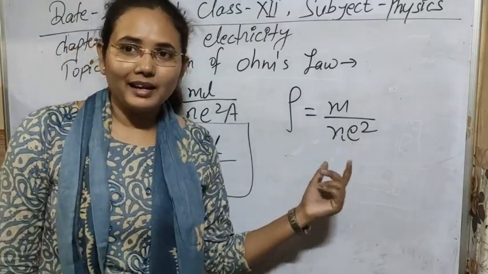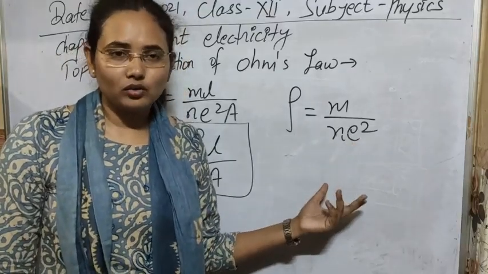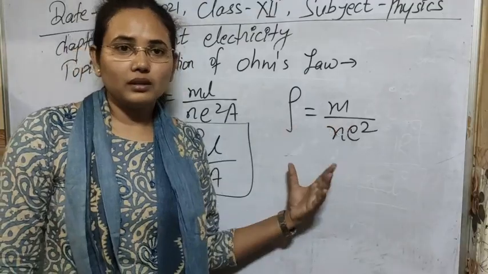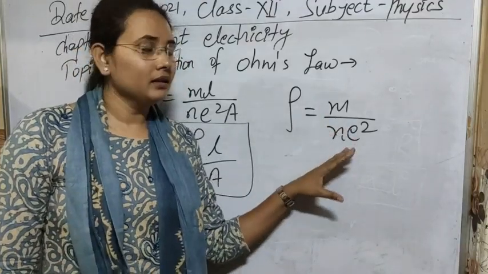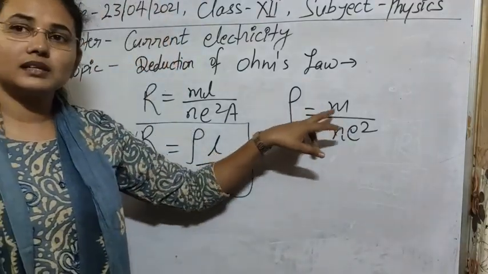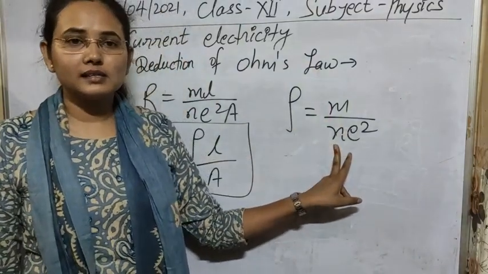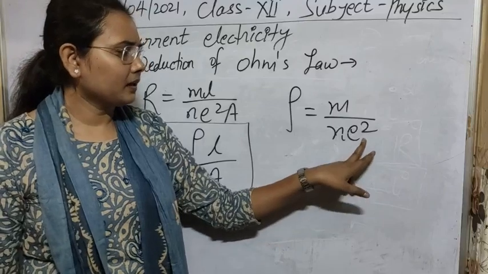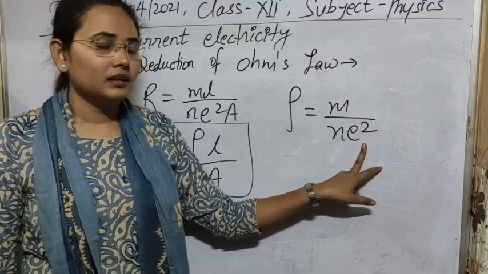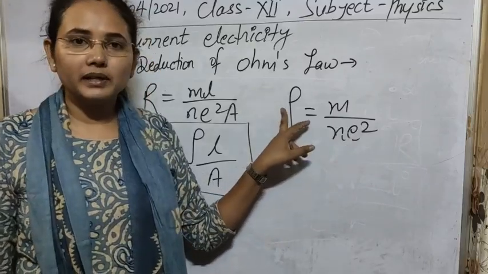And on every electron, you know that its mass and electronic charge is constant. So this is all the basic property of the conductor, and this rho represents this basic property. It means the greater the number of electrons in any system, and the greater the electronic charge, the smaller the resistivity will be.